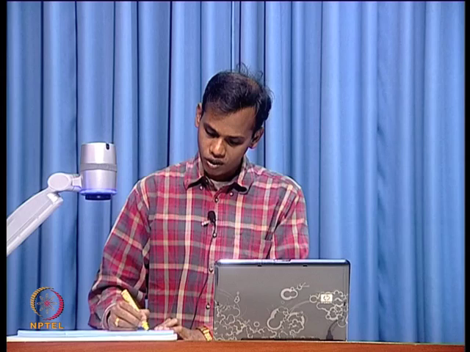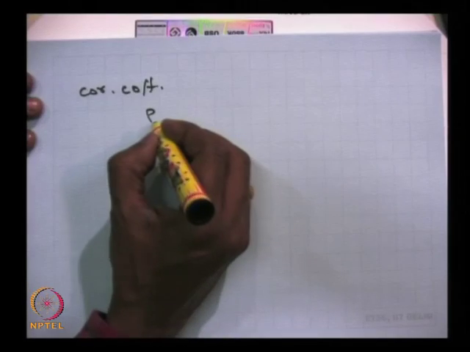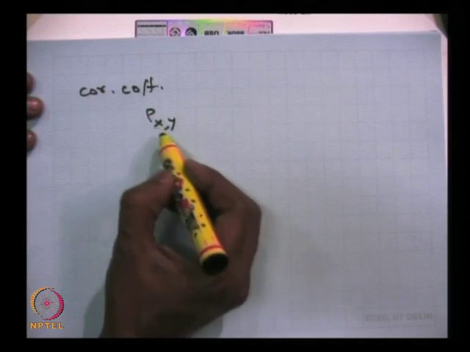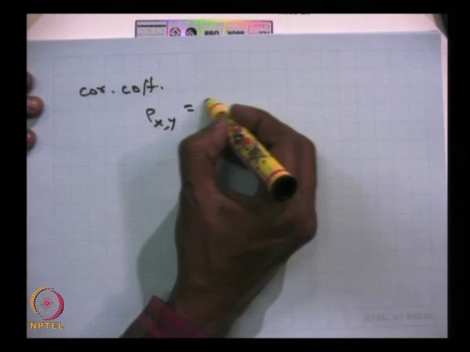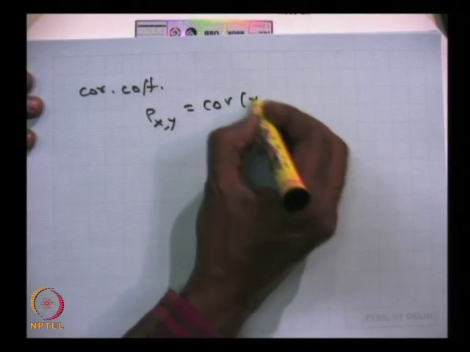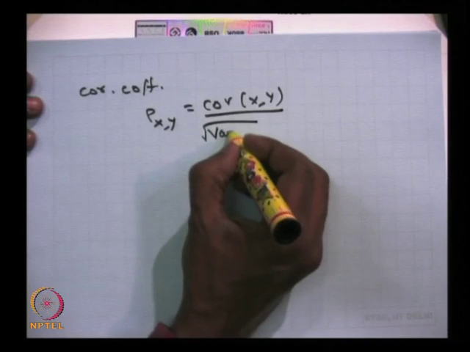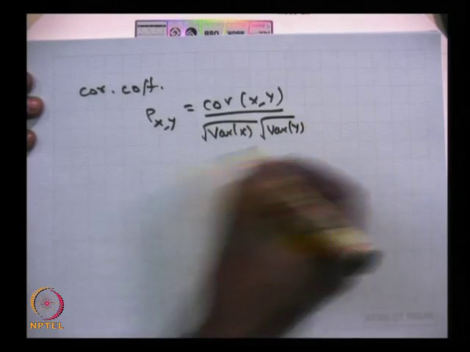Now we are going to define another measure, that is the correlation coefficient, denoted by the letter rho of x comma y. That means I am trying to find the correlation coefficient between the random variables x comma y. That is nothing but the covariance of x comma y divided by the square root of variance of x into the square root of variance of y.